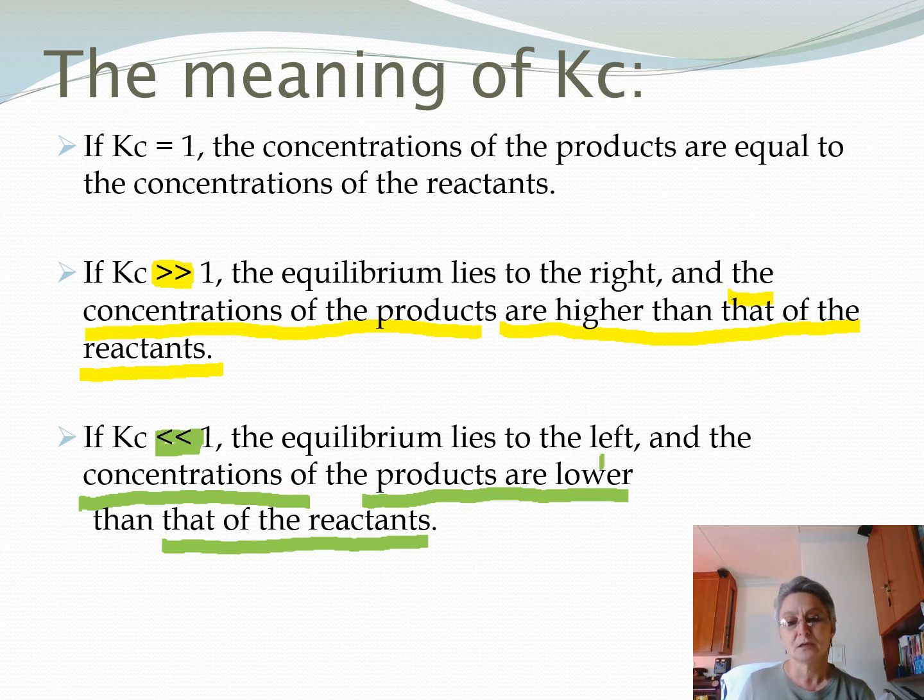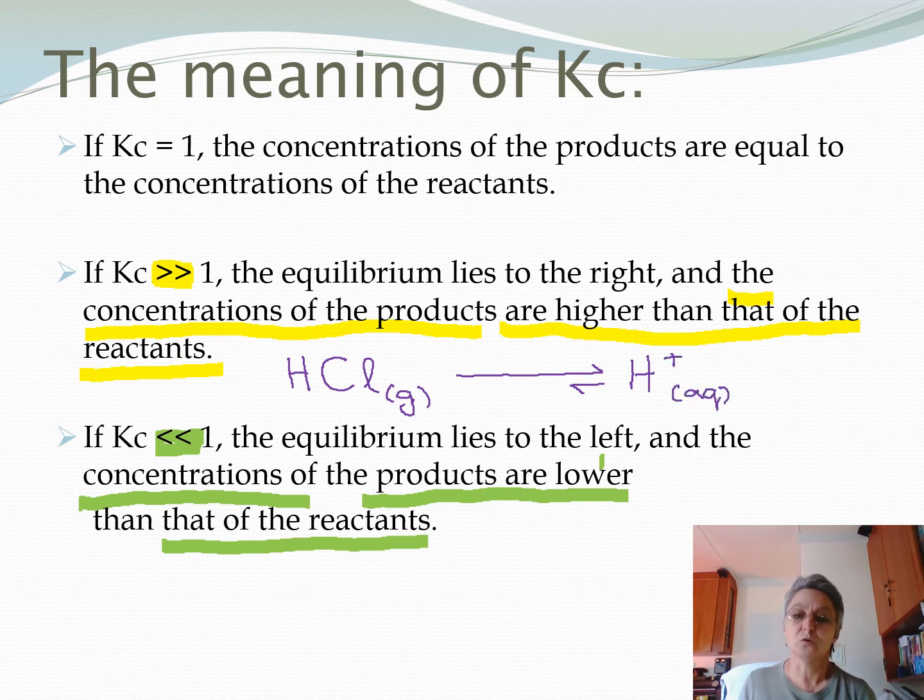So let's put some examples in here. We know that hydrogen chloride is a strong acid, so when it is mixed with water, basically all the hydrogen chloride molecules will break up to make hydrogen ions and chloride ions.